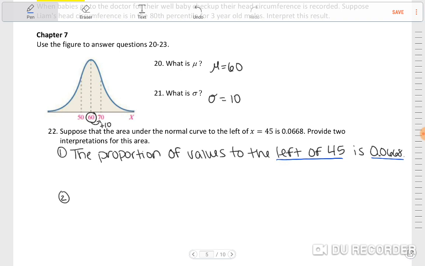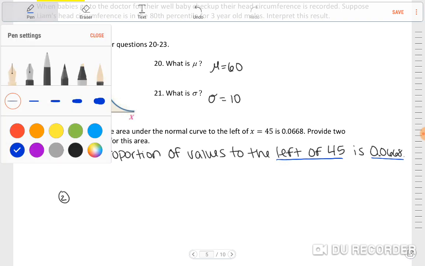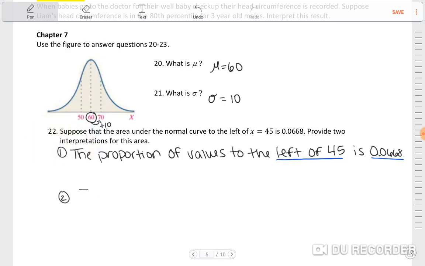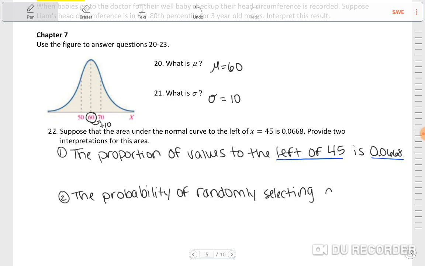The proportion of values to the, and then you just insert whatever it is for your problem. And then for the second one, the probability of randomly selecting a value less than 45 is 0.0668.